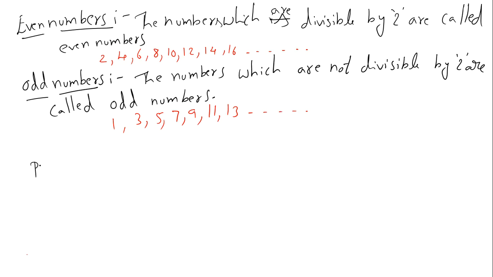And then what are prime numbers? The third type of number system in whole numbers is prime numbers.